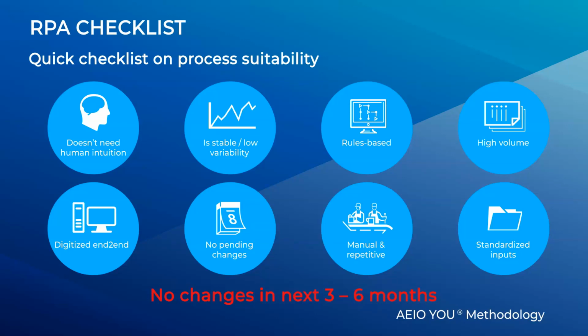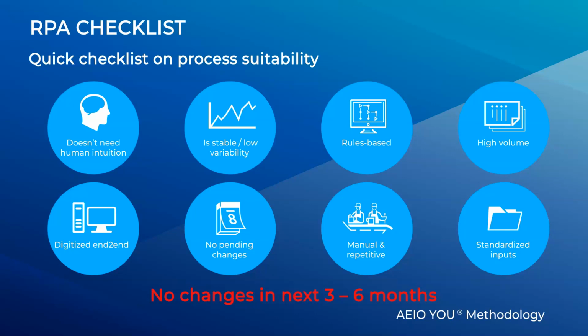Is it a high-volume process compared to others? Is it digitized end-to-end? Are there any pending changes in the next 3 to 6 months? Is the process manual and repetitive? Is the input standardized?